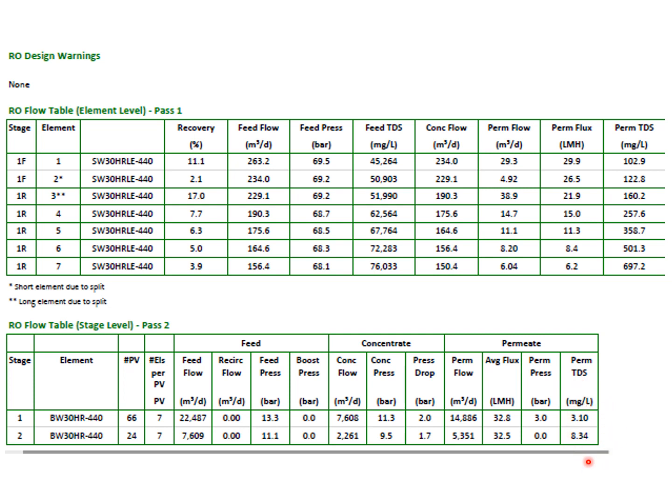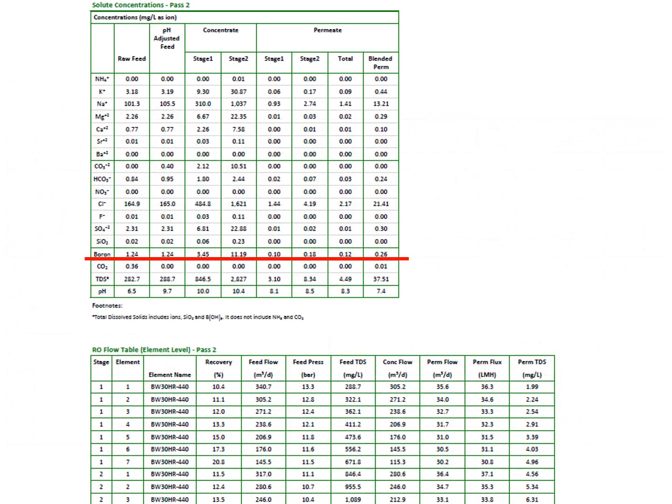So 45,000 milligram per liter of salt, after second pass, we achieve 3.1 ppm, and stage 2 8.34 salt concentration. Also second pass, also individual ions, what's the concentration?